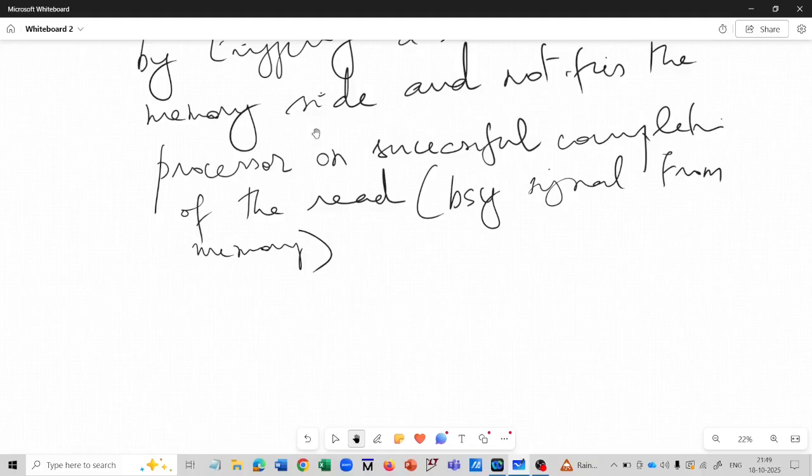In a practical memory controller, different types of reads will be supported. Single read, burst read, and so on and so forth. But here, of course, our objective is not primarily to design a full-fledged memory controller. Our objective is to illustrate interface controller design using the memory controller as an illustration.